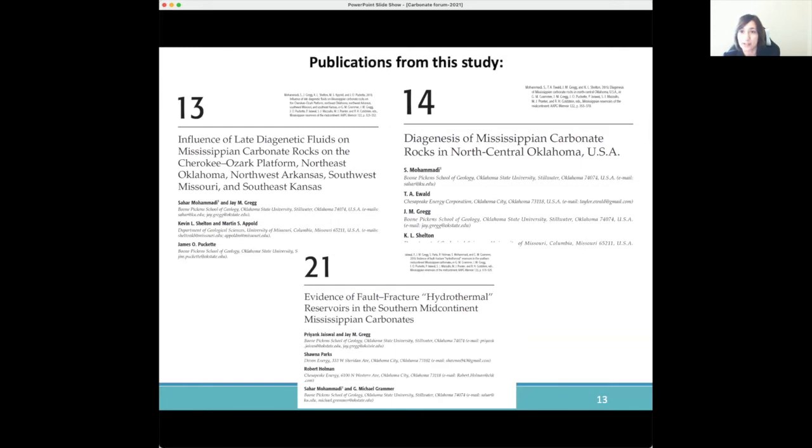What Andrew, my student, is working on now is mostly regional fluid migration. He will explain it more: there are several tectonic drivers that apply for this study that can move these fluids in different locations with different timing.